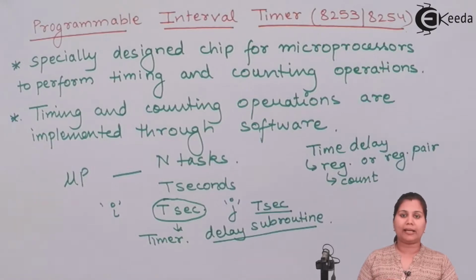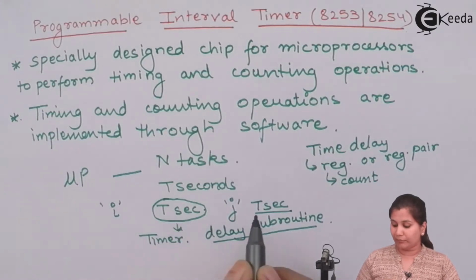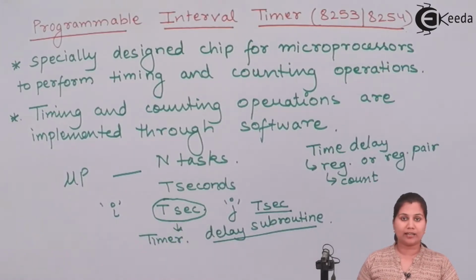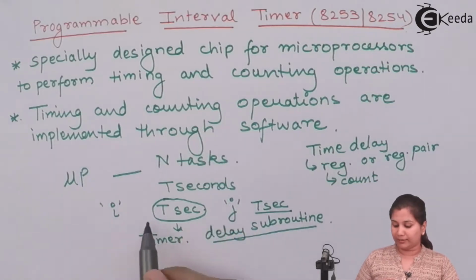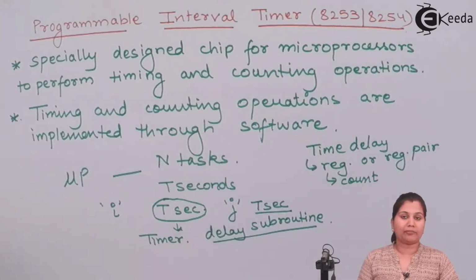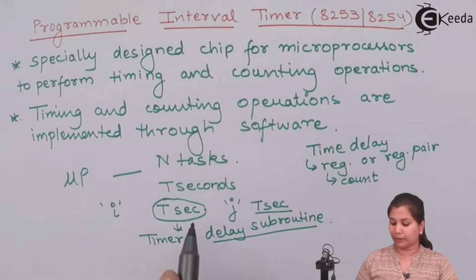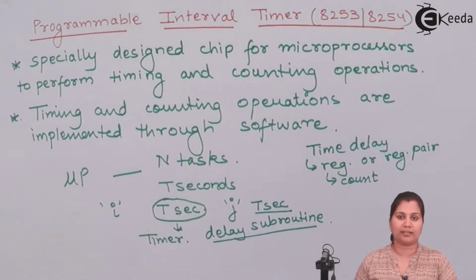Every time the microprocessor has to call the subroutine, because every time it wants the time delay of t seconds. So in between task i and j, the microprocessor cannot perform any other task because it has to concentrate on the execution of the subroutine so that it can get a perfect time delay of t seconds.